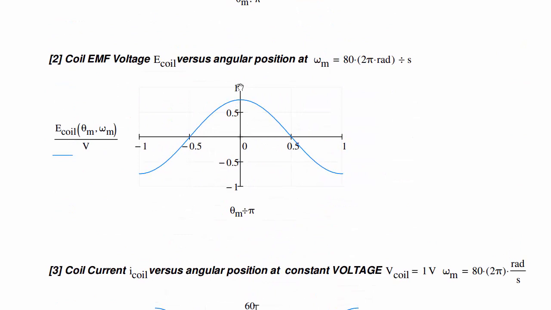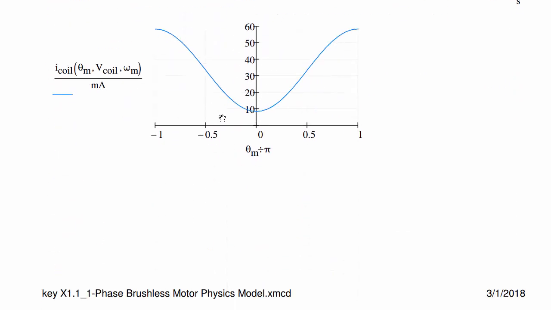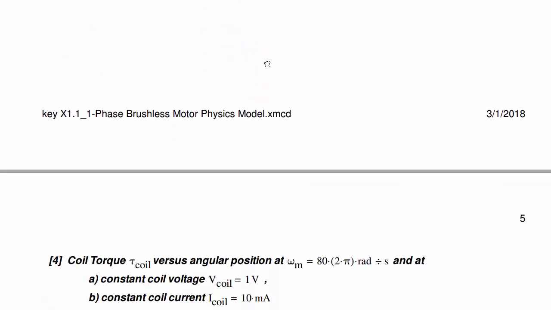So 1 volt here is what we're driving across the motor coil, and the induced voltage is up here at 0.75, so we only have 0.25 volts applied across the coil resistance, and that's what's going to drive our current. So that should make sense.